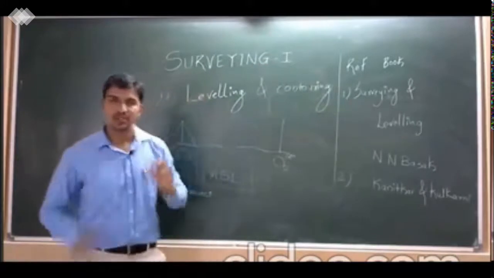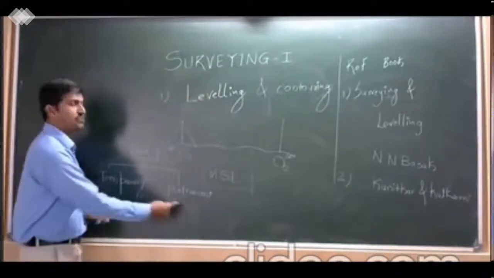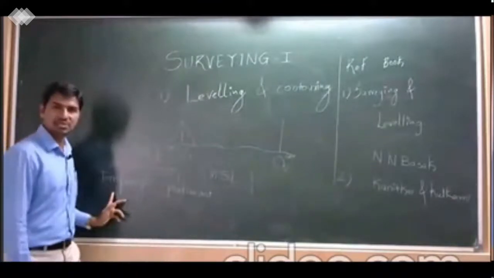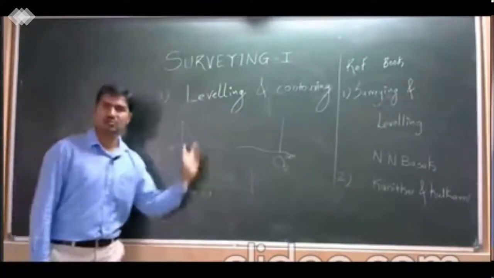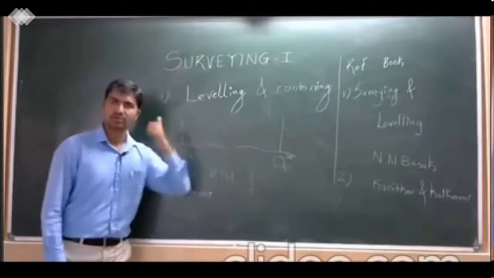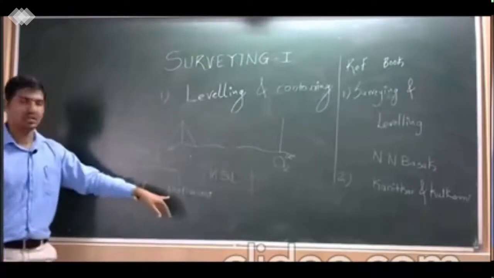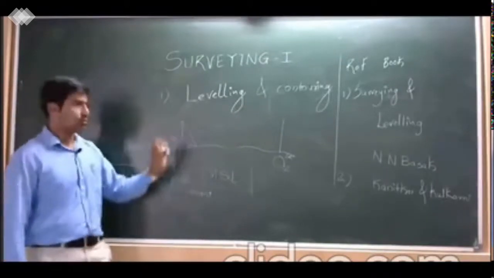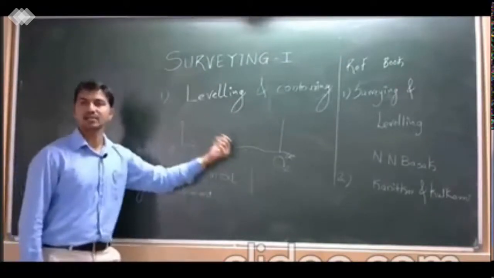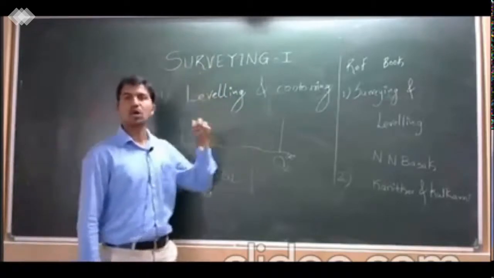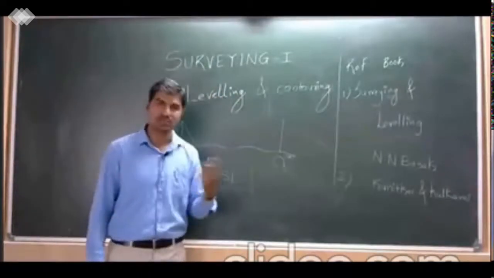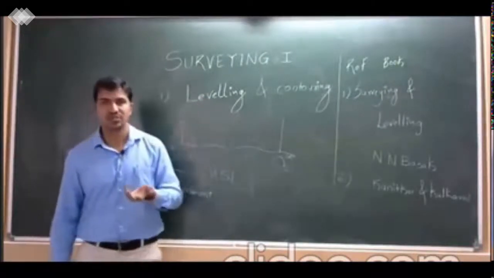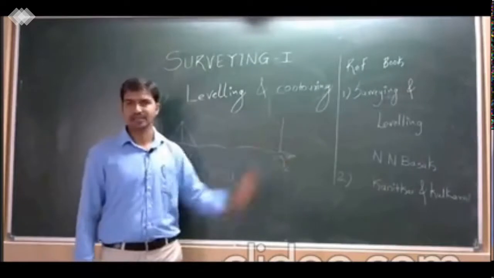Okay. Now just keep in mind that we have two types of benchmark. One is the temporary benchmark, which can be taken for some less important work. And the second one is the permanent benchmark, which is taken to start highly important infrastructure projects like construction of dams, bridges, canals.